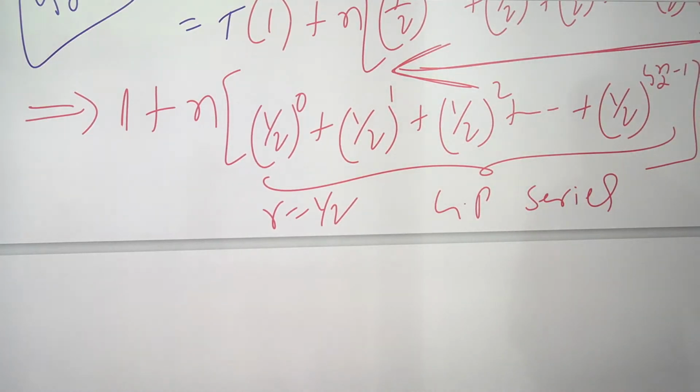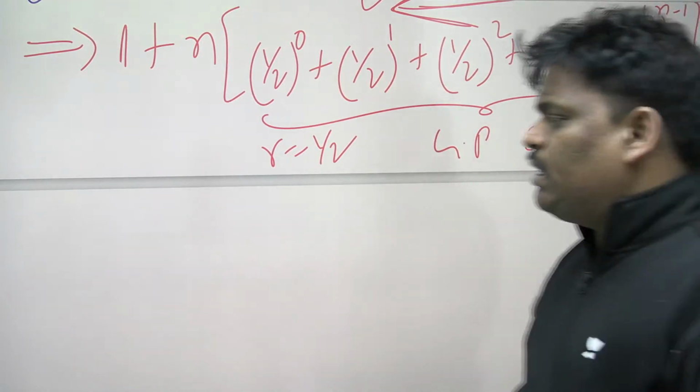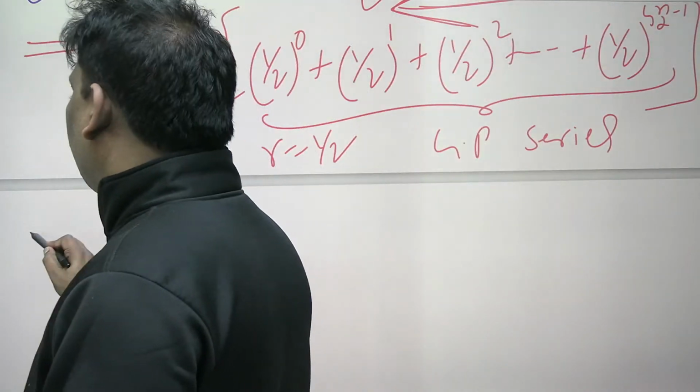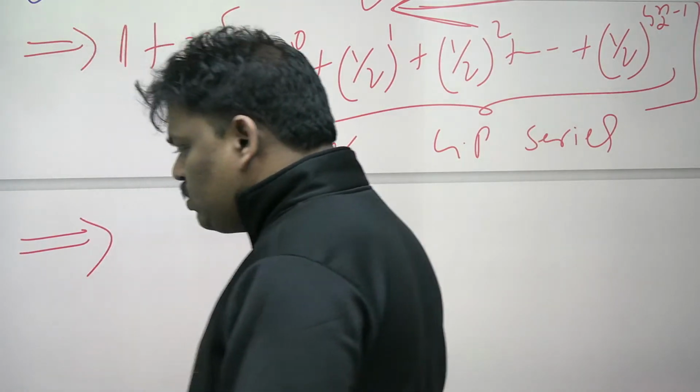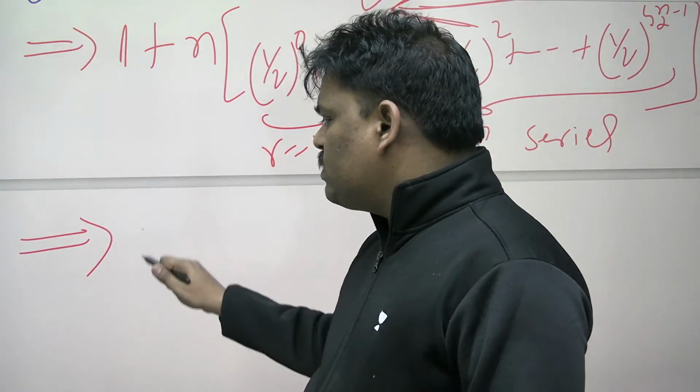You know there is a formula for the sum of n terms of a GP series when R is less than 1, and another formula when R is more than 1. Some people don't know this fact. I got to know some students don't know this. If you don't know, listen one time.